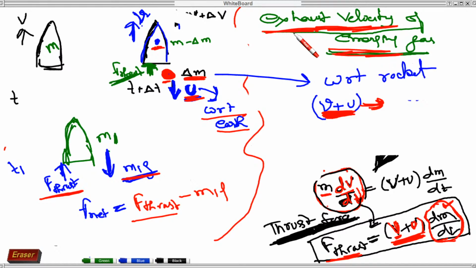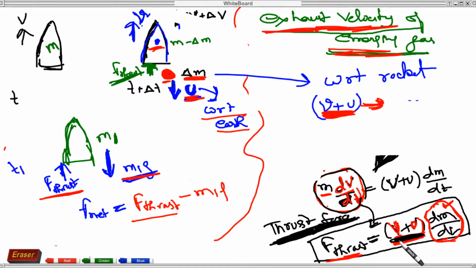So this is the exhaust velocity of the emerging gas, because this velocity is with respect to the person sitting inside the rocket. This v plus u is used here in F thrust.